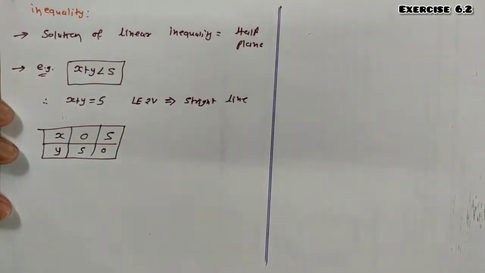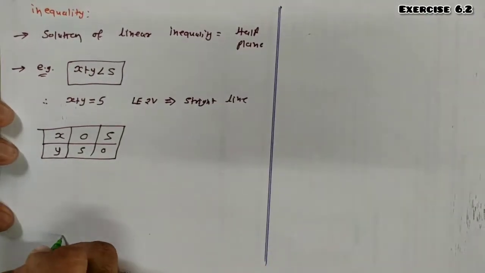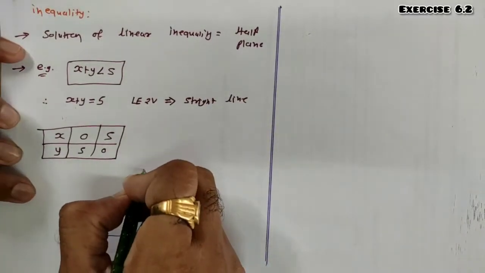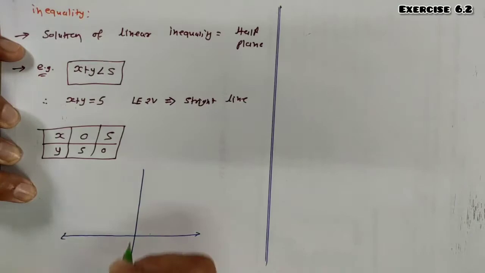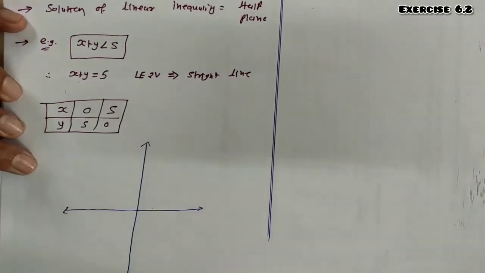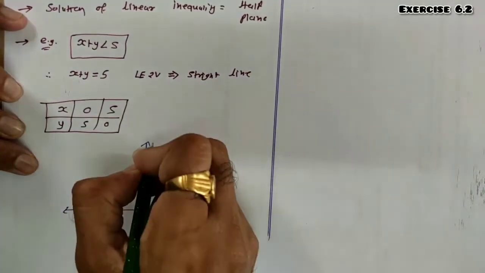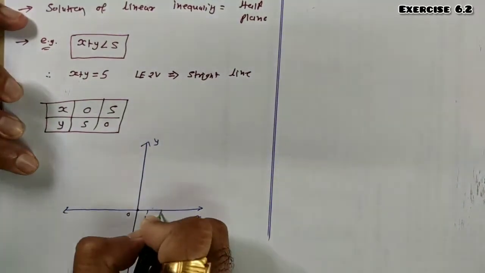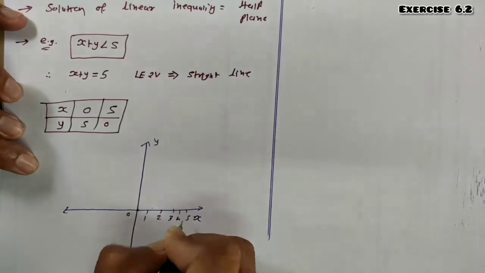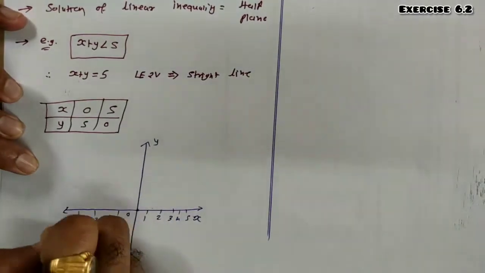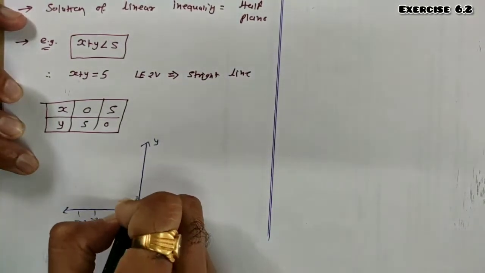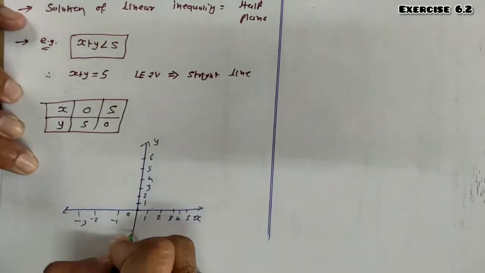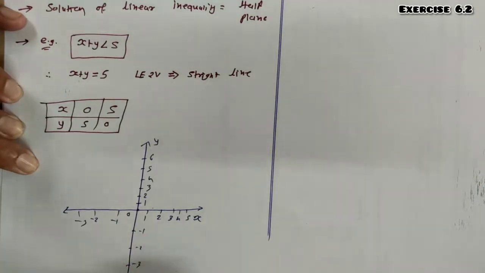For the graph, we have to consider the Cartesian plane, x axis and y axis. This is our x axis and this is our y axis. This is our origin 0, then 1, 2, 3, 4, 5 and minus 1, minus 2, minus 3 on each axis.